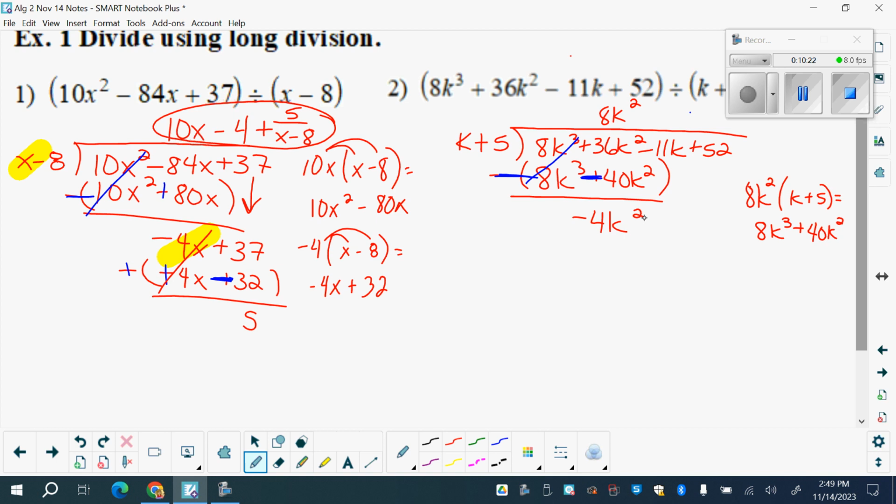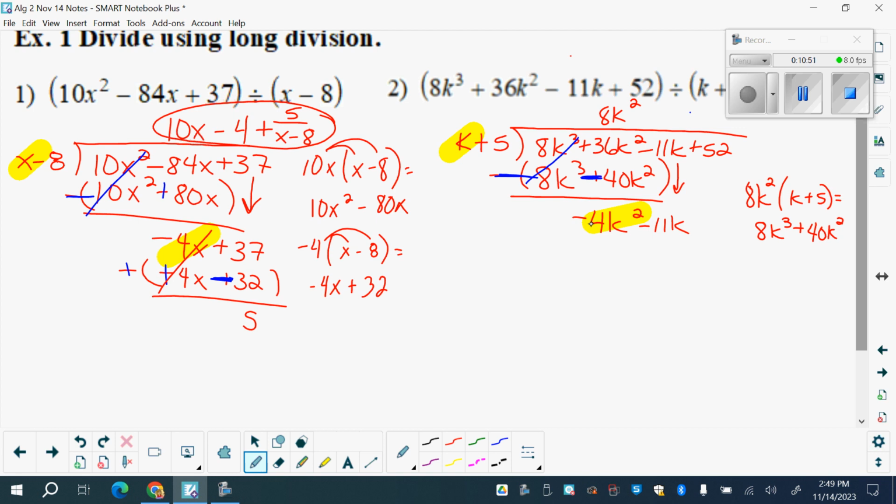What next? Bring down the next term over, which is the negative 11k. And then, Frankie, what would I multiply k by to get negative 4k squared? What do you multiply this by to get this?